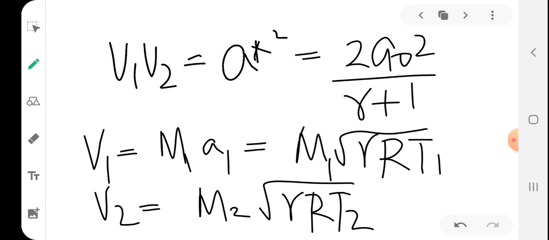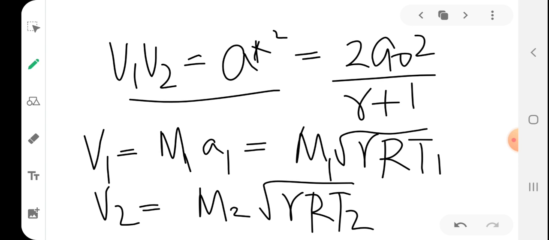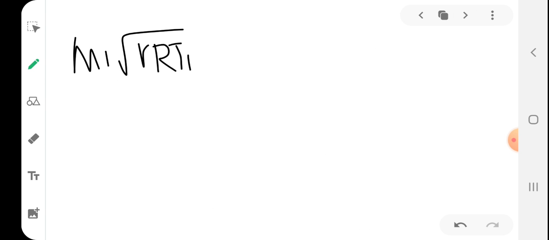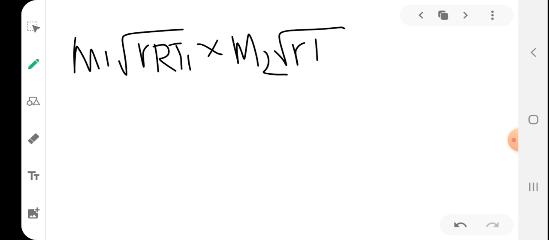So we can substitute this expression for velocity in this particular equation. So you will get M1 root of gamma R T1 into M2 root of gamma R T2 is equal to 2 a0 square by gamma plus 1, right?